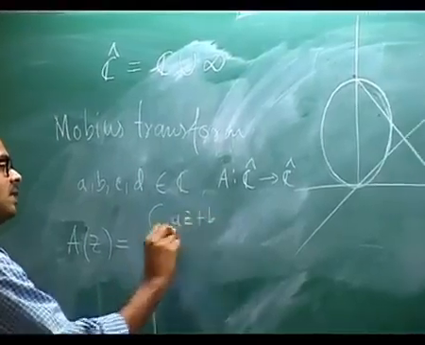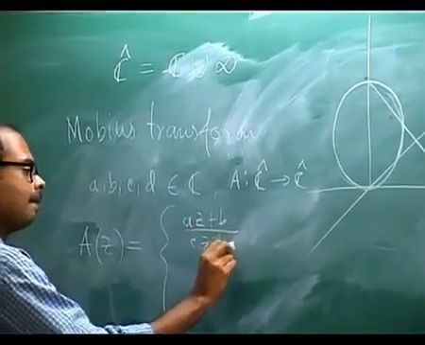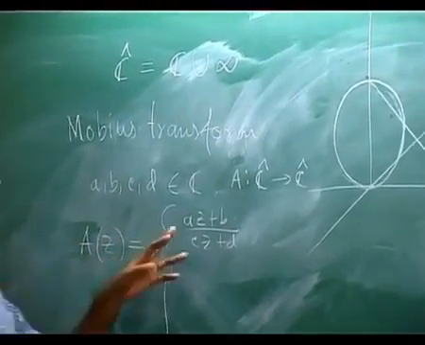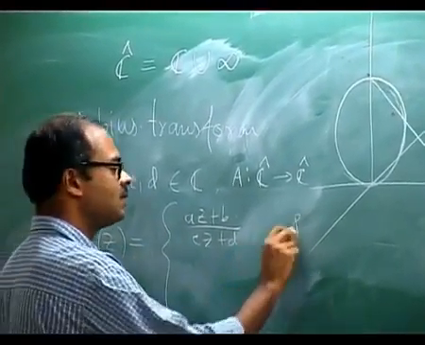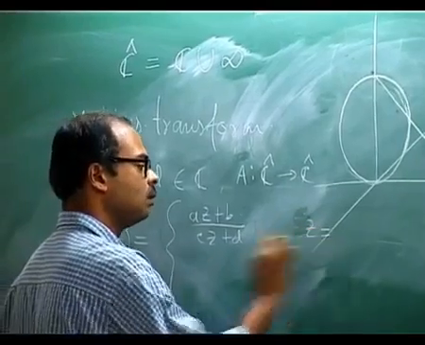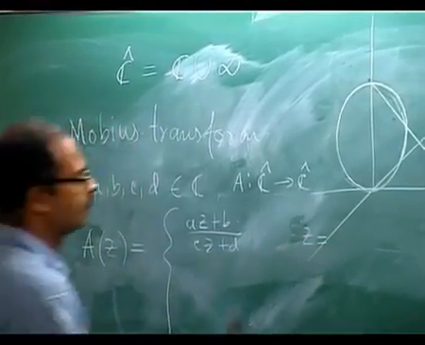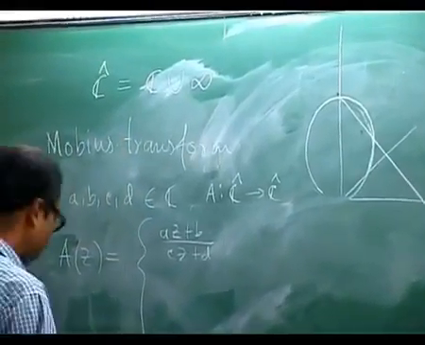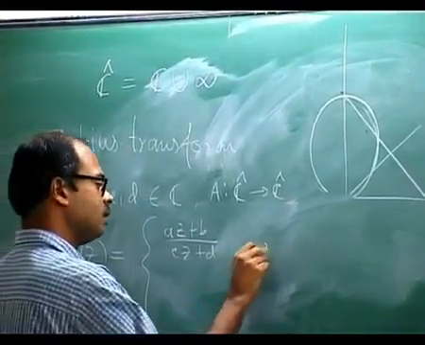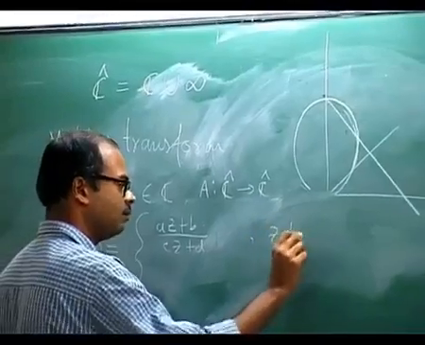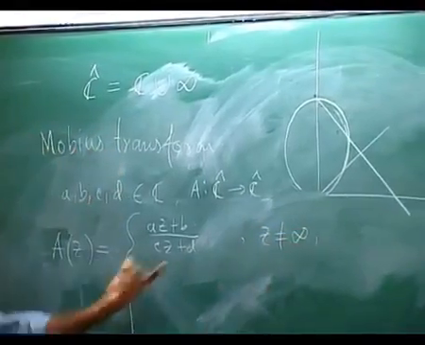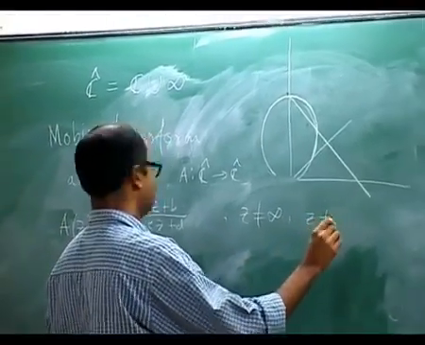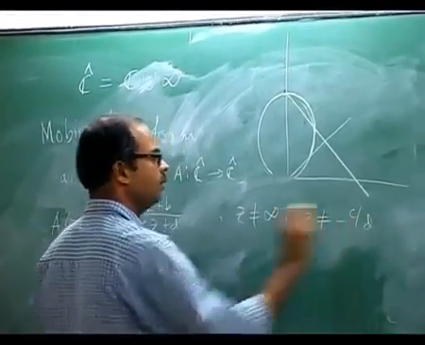So first of all, this is the definition, if there is no problem. Problem meaning that z is not infinity, z is a point on the plane, so z is not infinity, and this also doesn't create a problem, so z is not equal to minus d by c.